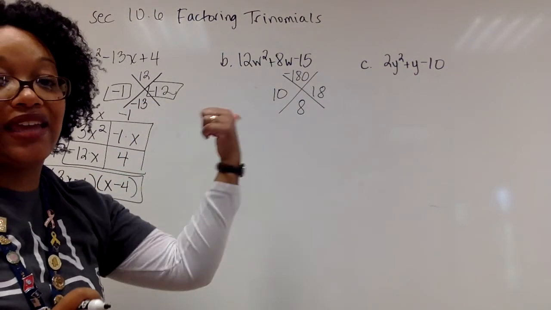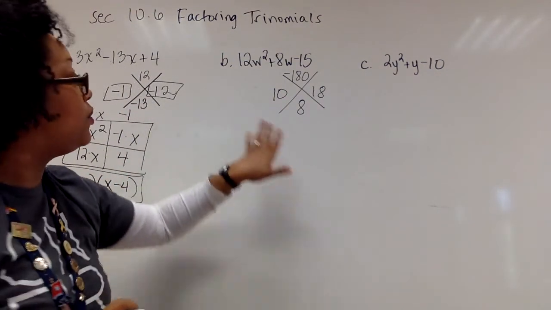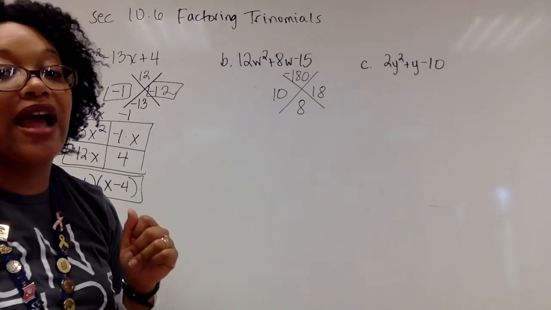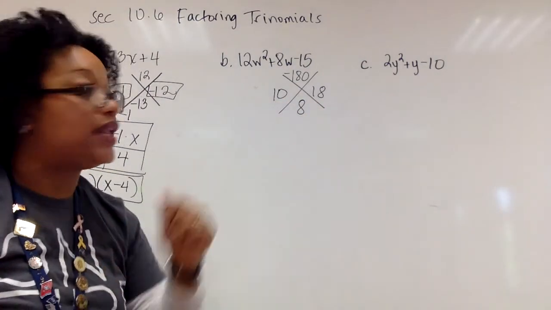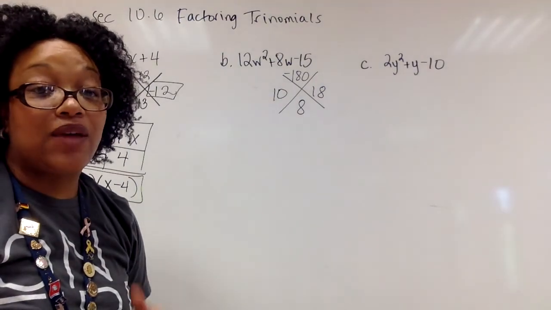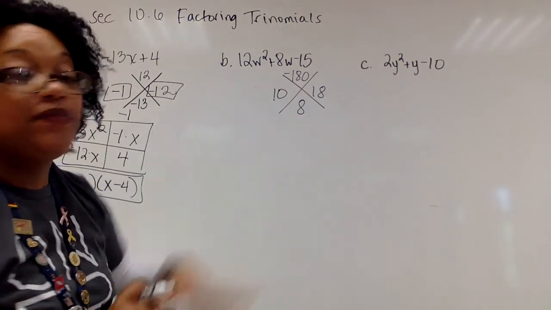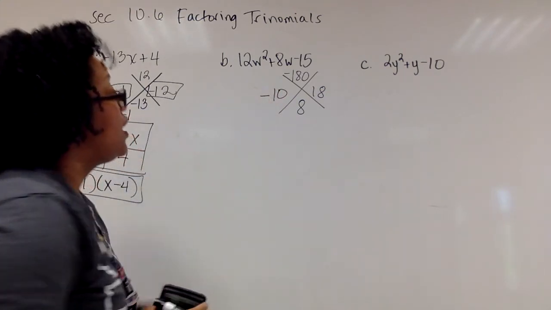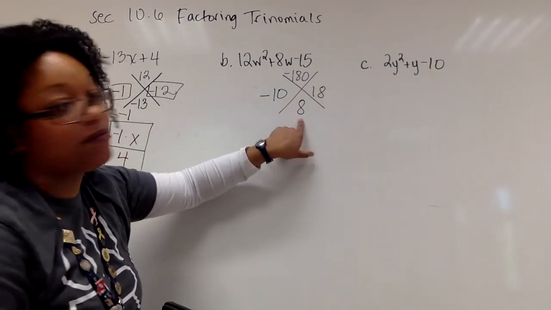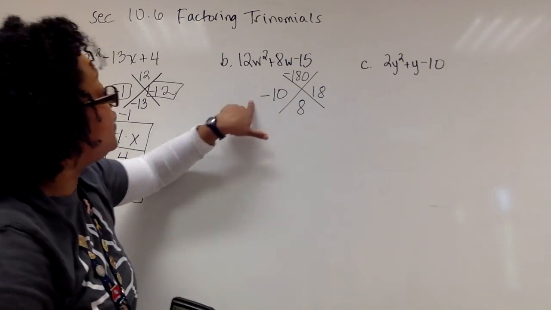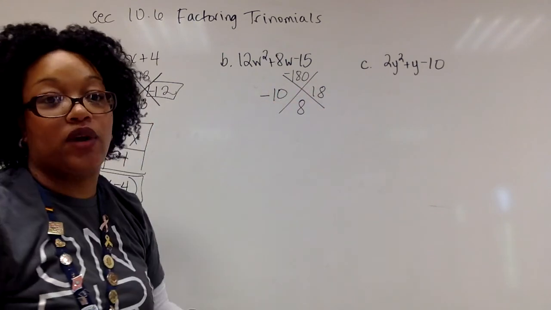Now, I can get an 8. How would I get an 8 between the 10 and the 18? I'd have to subtract, right? Now, here's the next question. What would I do to get which one of those numbers is negative? Well, since this is a positive, my 10 has to be negative because 18 minus 10 gives me the positive 8. Negative 10 times 18 gives me the negative 180.